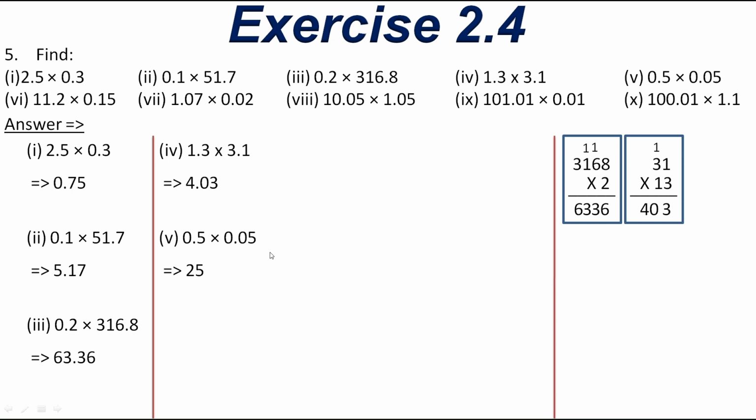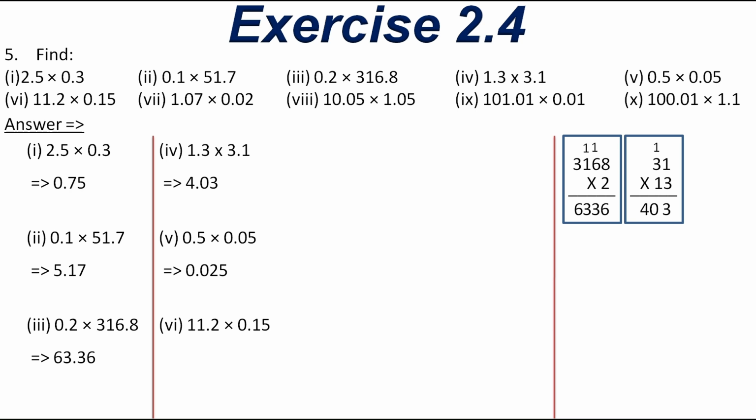That's why we have to put decimal point before 3 digits from right in the answer. So here, but we have only 2 digits. Then what we have to do? We have to place 0 in front of these numbers and we have to put the decimal point. So the answer became 0.025.